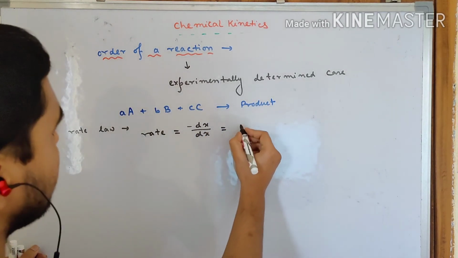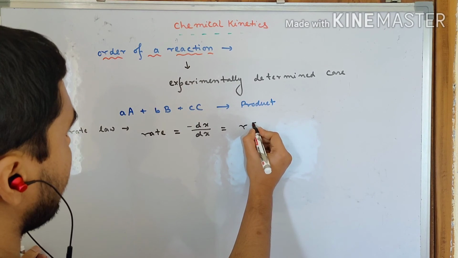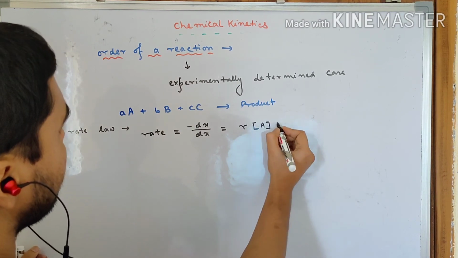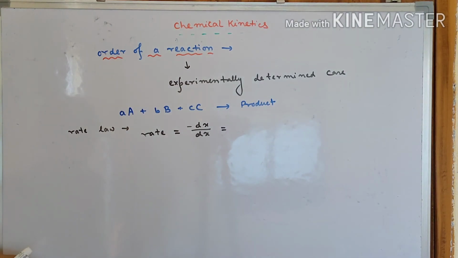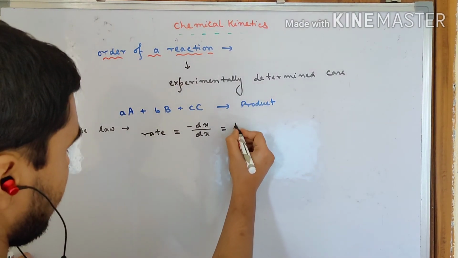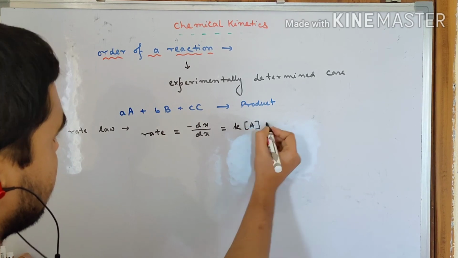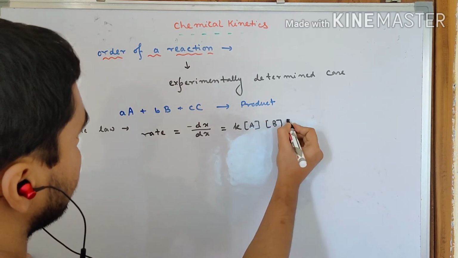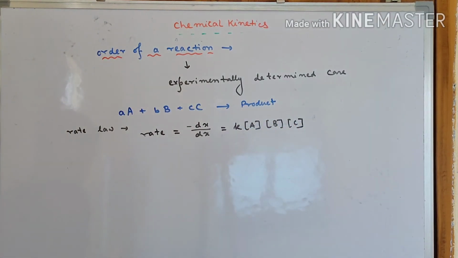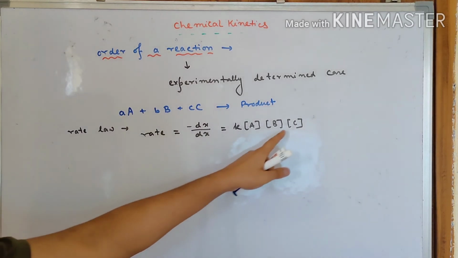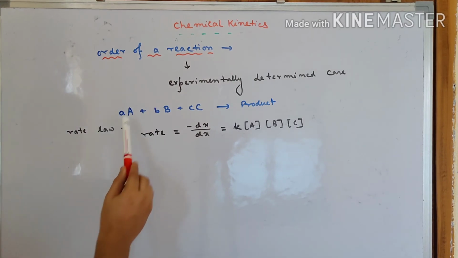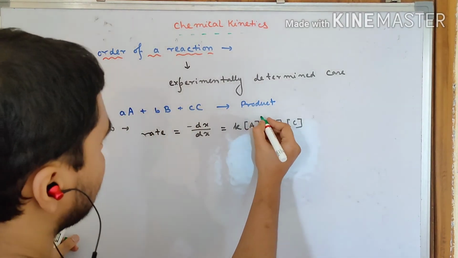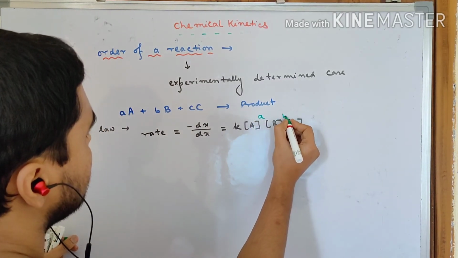If we are determining it, it should be r, or without writing r also, you can write k into A into B into C. So what we have done over here is, we have just multiplied the reactants as we usually do, and their coefficients we are expecting to be raised in power as per the mathematical rule.